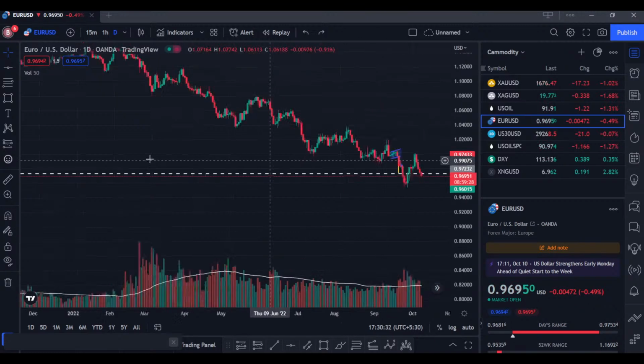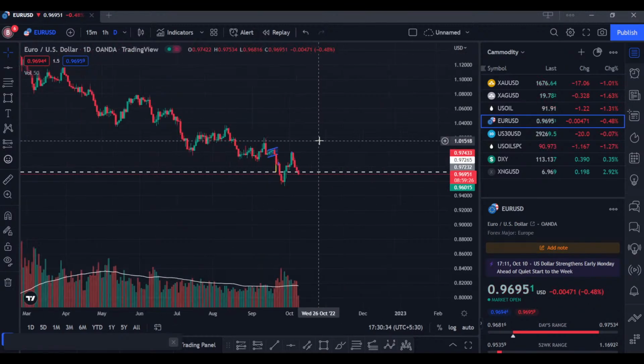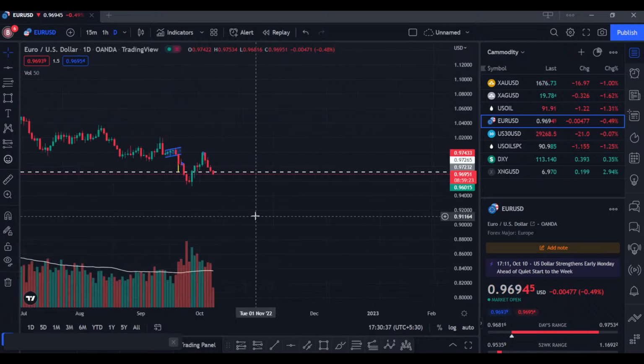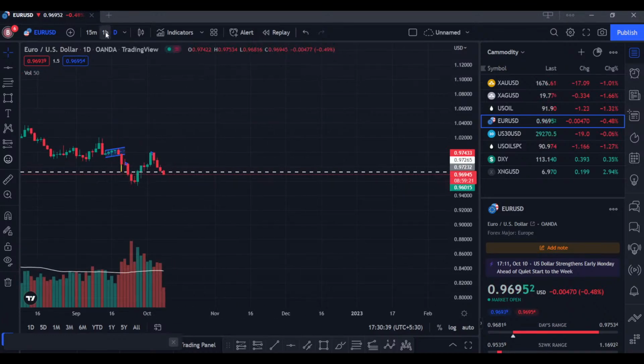Here, if you want to take a trade at that level, then you can go easily from that level to that level.